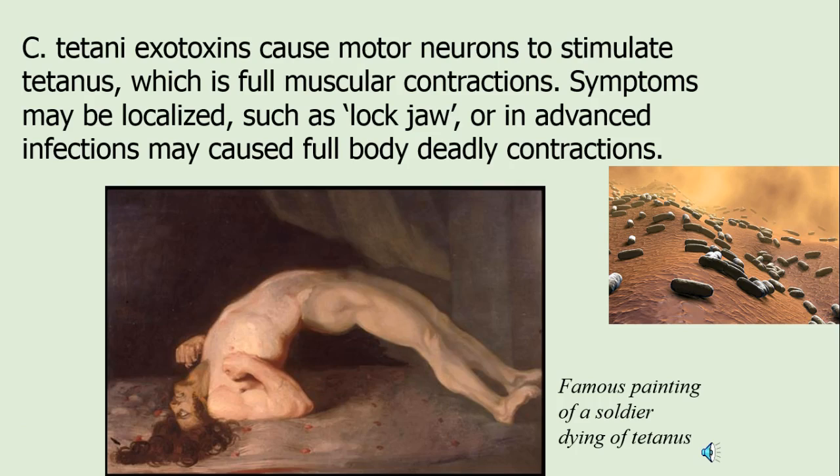C. tetani, we think of that full body tetanus, which is muscular contractions. Usually starts as localized, like the arms, the jaw, but eventually the lower back muscles will overpower the abdominal muscles, and we get this terrible rictus.